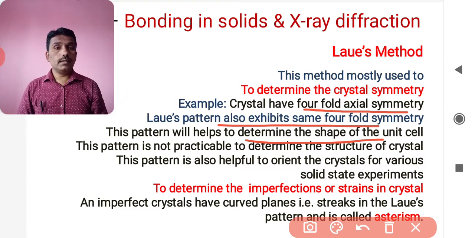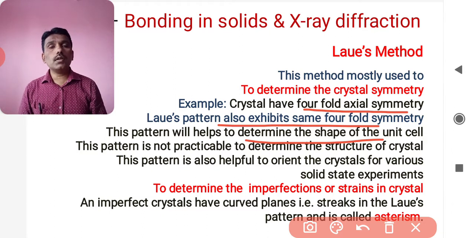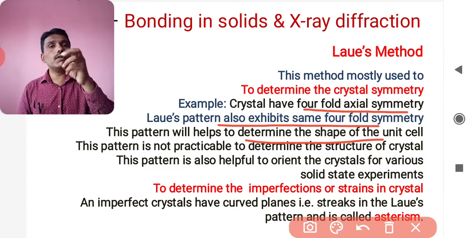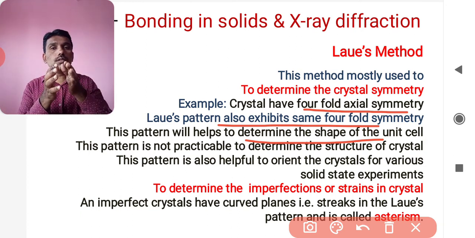Again, this pattern is not practical for determining the exact crystal structure, because the incident beam's wavelength variation coincides at one center point, and due to that it is very difficult to get the practical structure of that crystal.